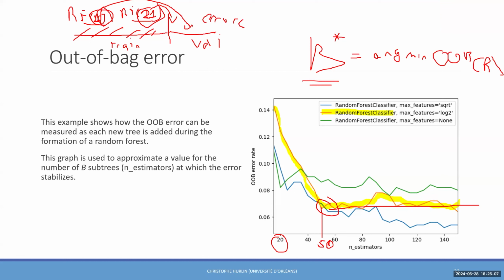So this appears to be the correct value for the max features equal to log 2 and the max features equal to none. But I don't think that it applies to the max features equal to square root. Yes, because as I said, I have a problem with my slide. Sorry.